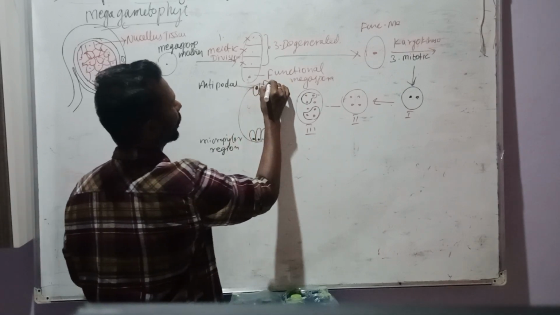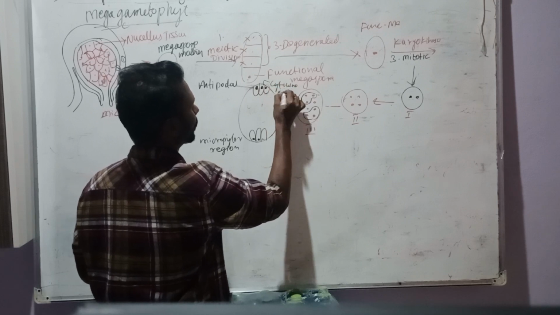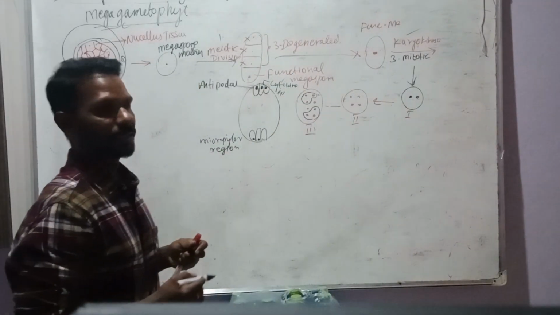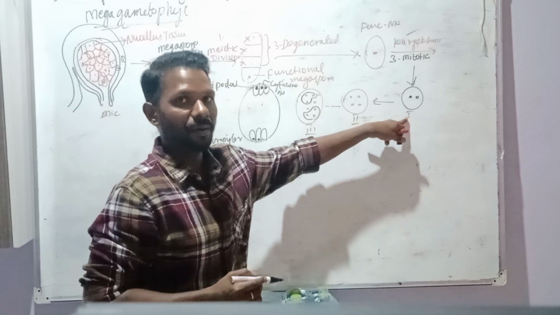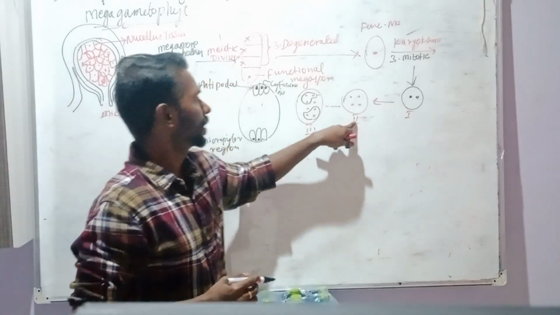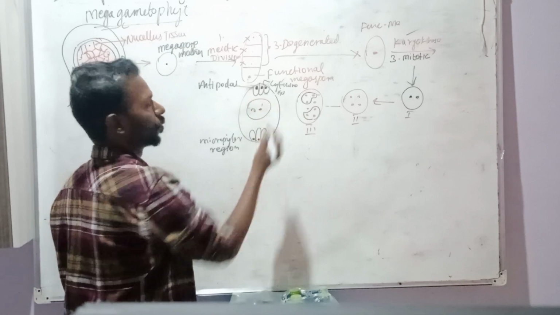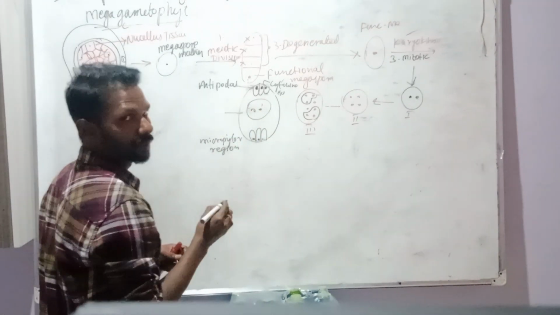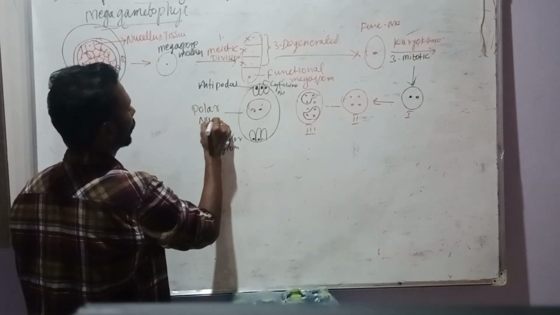So here cytokinesis takes place. Karyokinesis is only the division of the nucleus; cytokinesis makes the cell wall around them. The middle 2 nuclei are called polar nuclei.